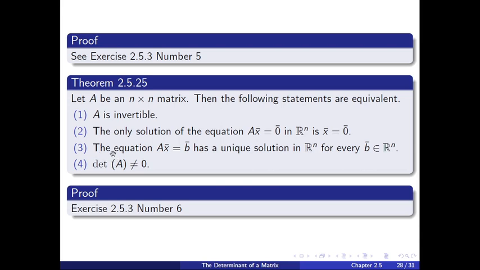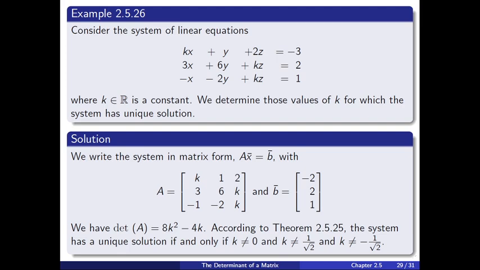And number 3, the equation Ax equal to B has a unique solution in Rn for every B in Rn. And in addition to that, the determinant of A is not equal to 0. This is just a collection of results that we already have, and the proof is left as an exercise in exercise 2.5.3 number 6. Right, so let's look at an example.